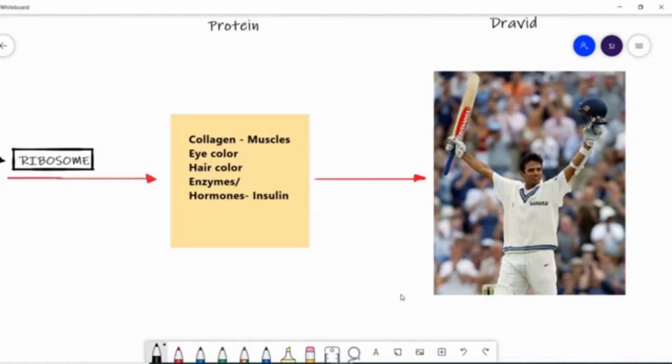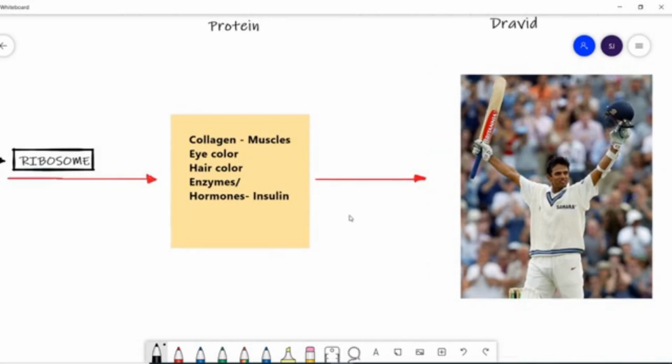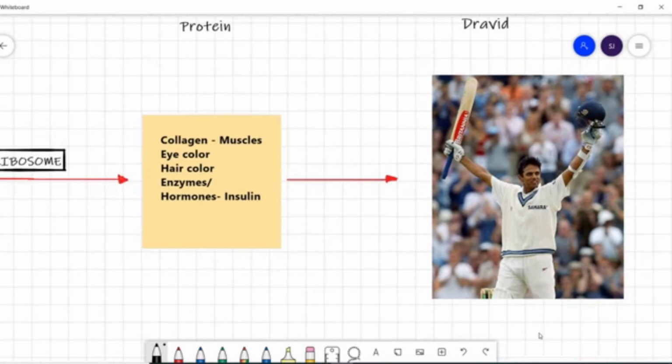So this is the basis. The basis of how a human being gets manifested into what they are in the outside world is the mechanism through which the genetic information, the blueprint present inside your cell, gets translated into the respective proteins.